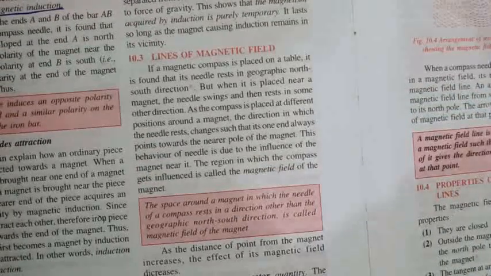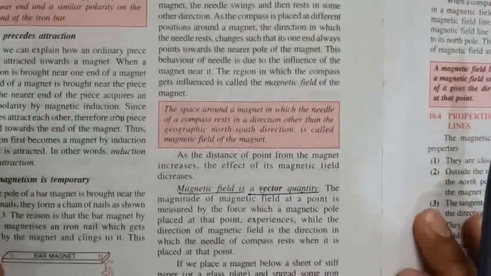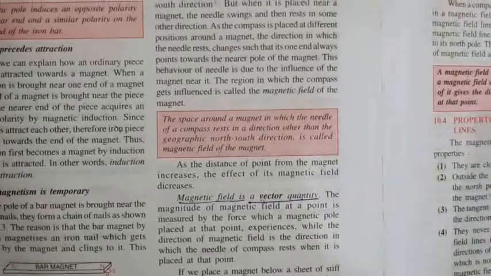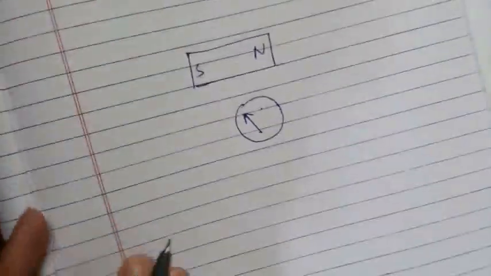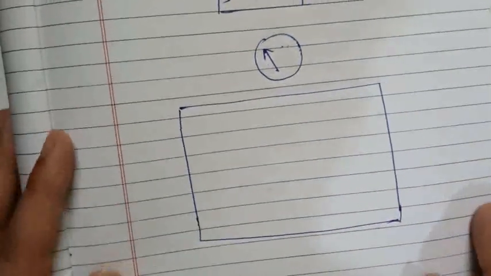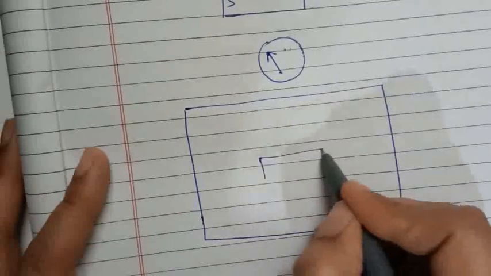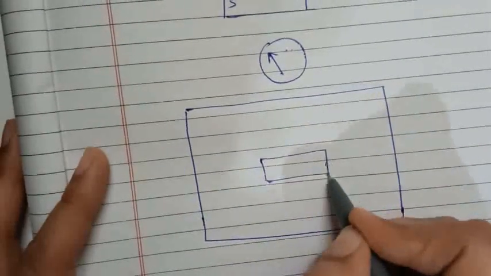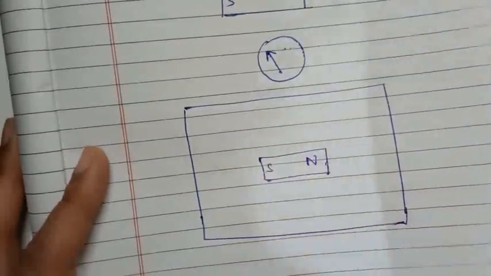Now we are moving on to magnetic field lines. For magnetic field lines, what we did is we took a cardboard. We keep the magnet in between the cardboard. This is the north pole, this is the south pole.